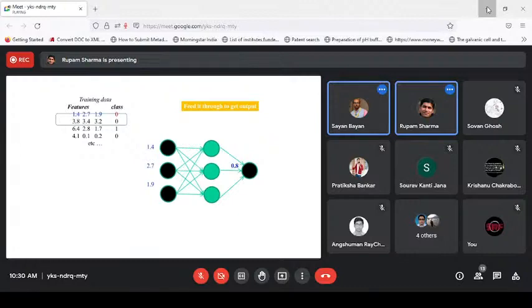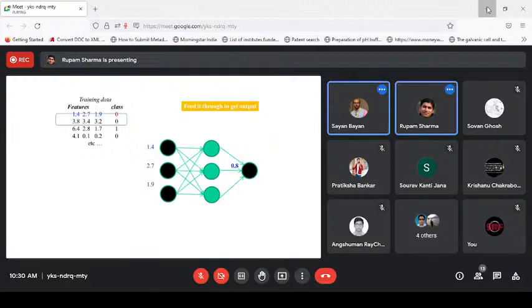You are expecting that when you give this input to your neural network, it should give an output 0, because I am assuming that my neural network has already learned, or maybe it is learning. I expect an output 0, but I found that it gave me an output 0.8. That means I get an error value of 0.8. Why?